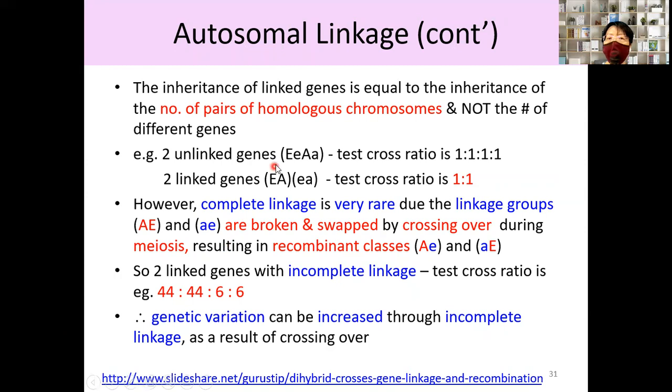For unlinked genes, the ratio is 1:1:1:1, versus linked genes, where the ratio is 1:1. But if there's crossing over, then the ratio will be 2 of them a larger number, 2 of them a smaller number. And this smaller number represents the incomplete linkage. Incomplete linkage means there's crossing over.